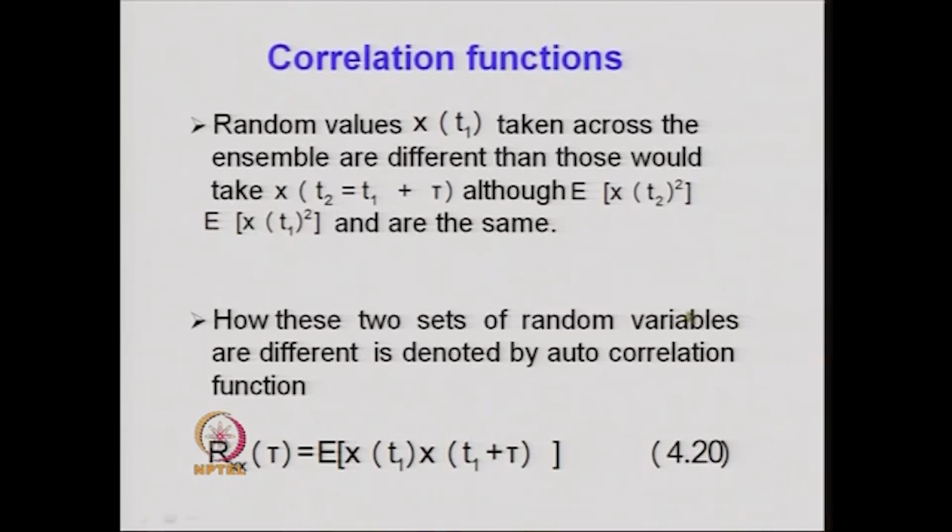And in order to denote this phase lag, we use what is known as the autocorrelation function. This autocorrelation function is a function of tau, that is the separation time between x(t1) and x(t2) in the ensemble.